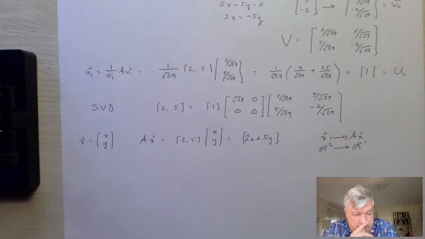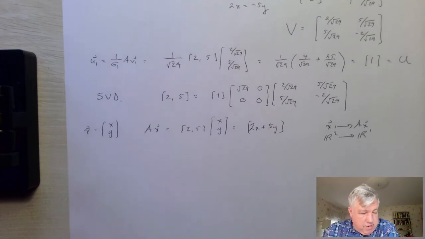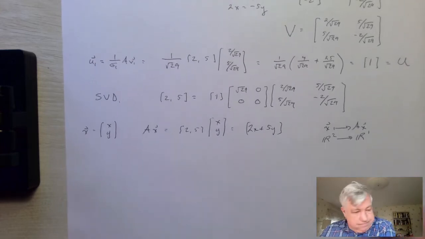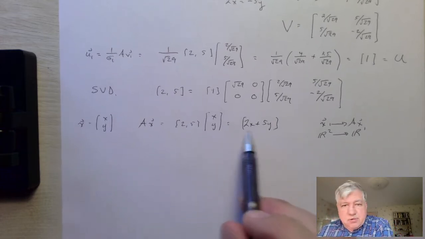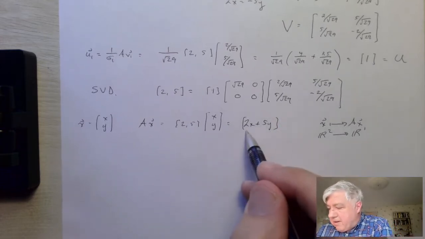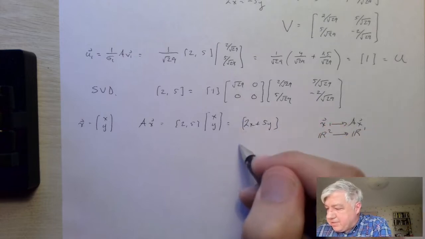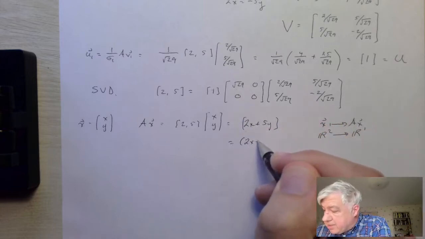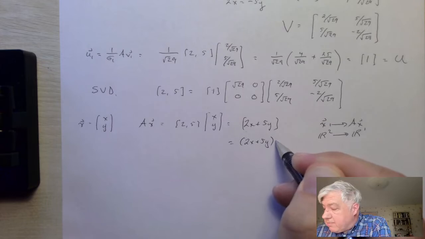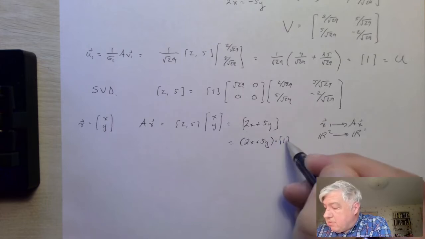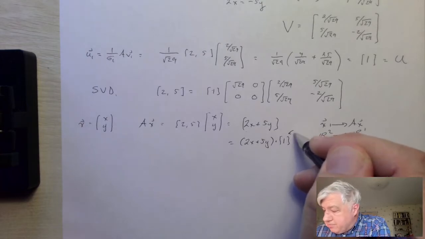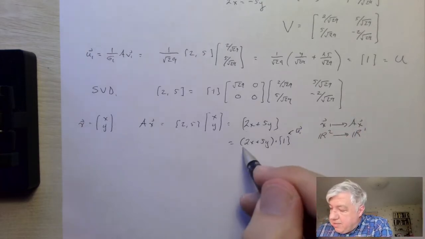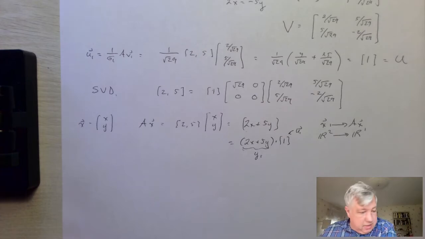All right, and so following what we have here, because this is such a trivial composition, this is the same thing as this number 2x plus 5y times the matrix 1, which is U1. So this will be our y1. Okay.